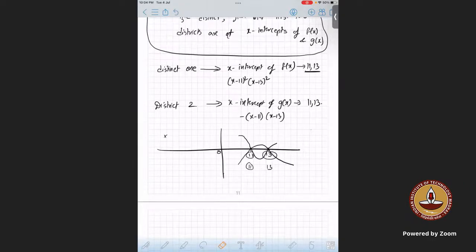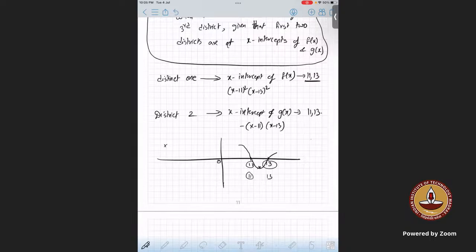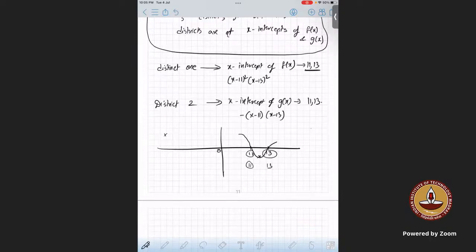If the two have the x-intercept at 11, 13, that means district 1 might lie at 11 and district 2 lies at 13. If district 1 lies at 13, then district 2 lies at 11. If these two curves are intersecting, then the only possible intersection point other than 11 and 13 is 12.